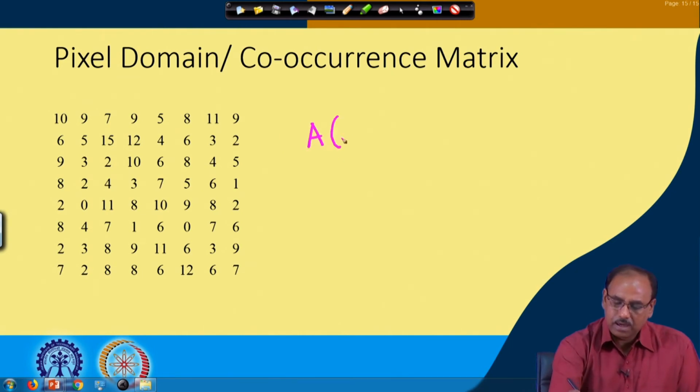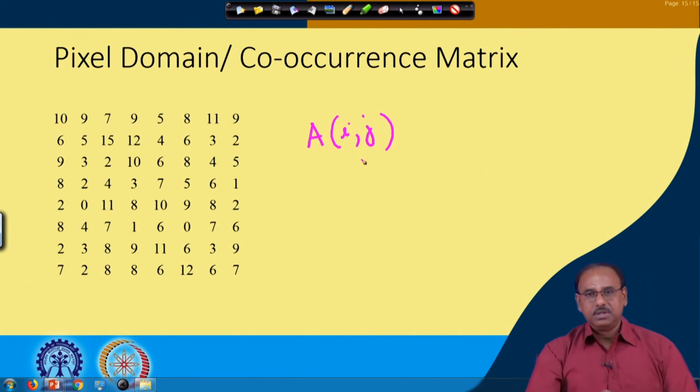A i j, where i may vary from 0 to 15, as I have said the minimum intensity value in this image is 0 and the maximum intensity value is 15. Similarly, j is also varying from 0 to 15. So, effectively I have a co-occurrence matrix A of dimension 16 by 16, varying from 0 to 15 for each of i and j.